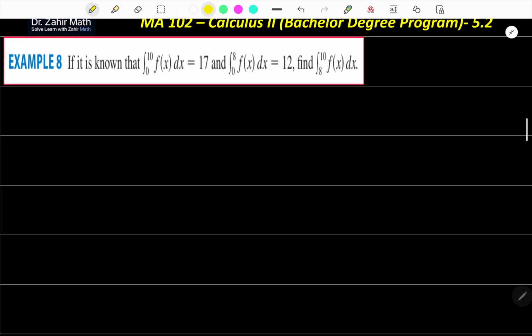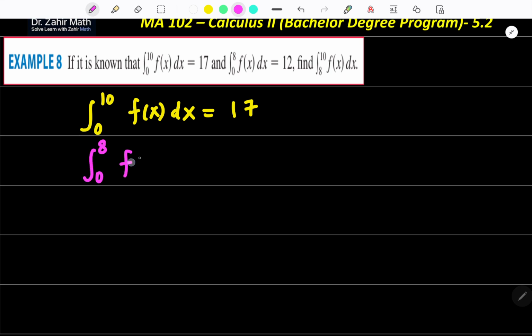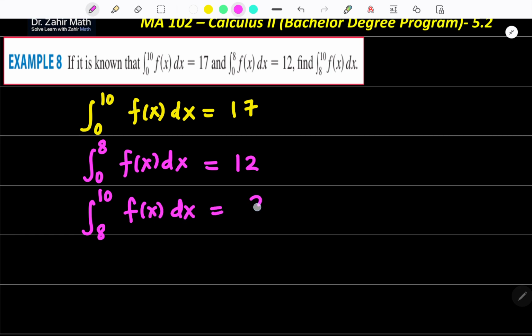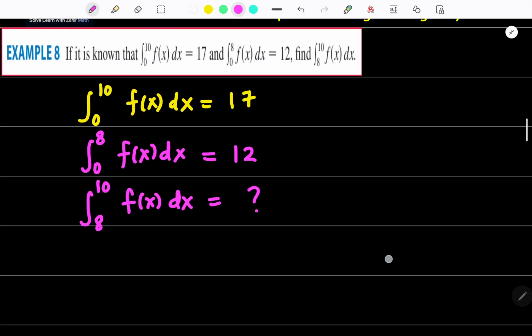Let's go to the next question. It is known that the integral from 0 to 10 of f of x dx is equal to 17. And the integral from 0 to 8 of f of x dx is given as 12. The question is, what is the integral from 8 to 10 of f of x dx? So simple.